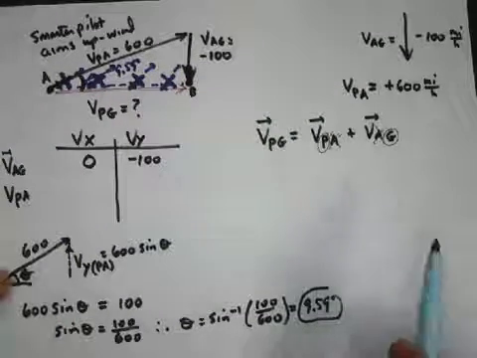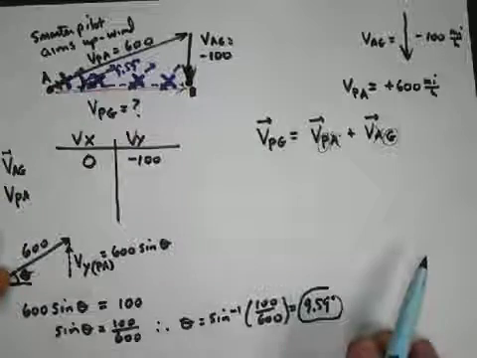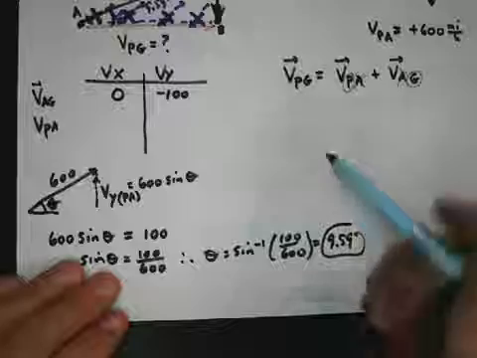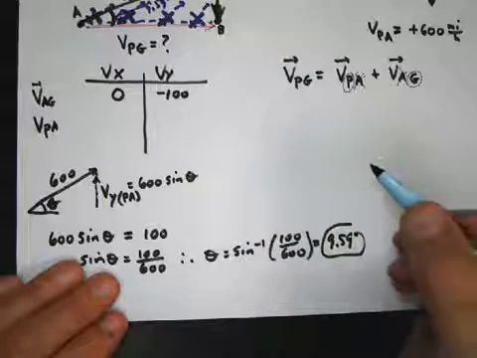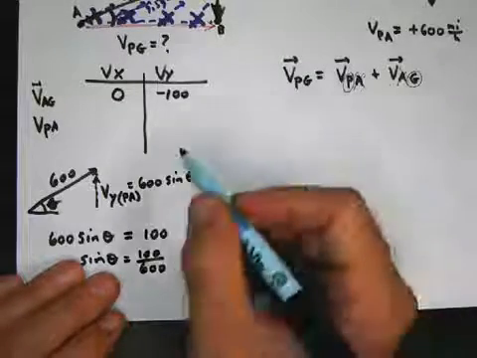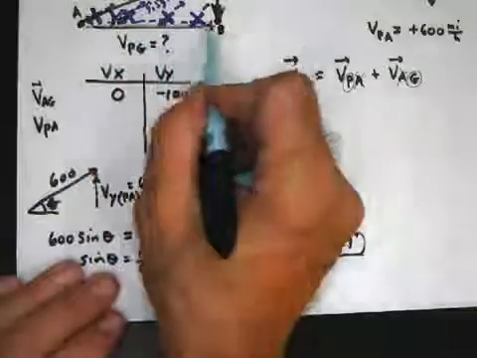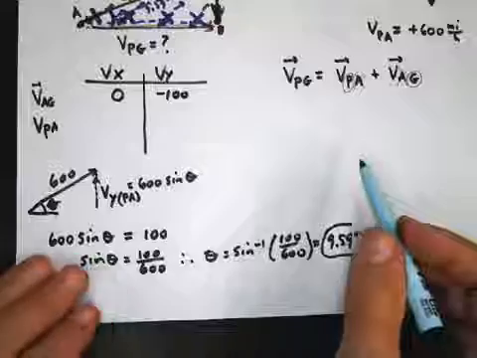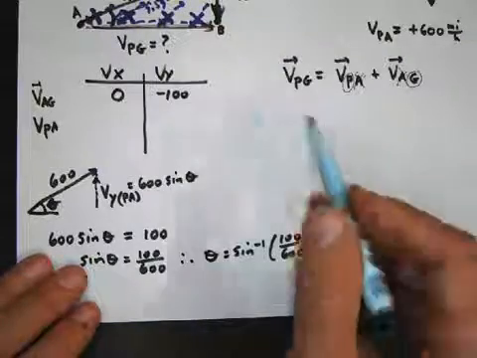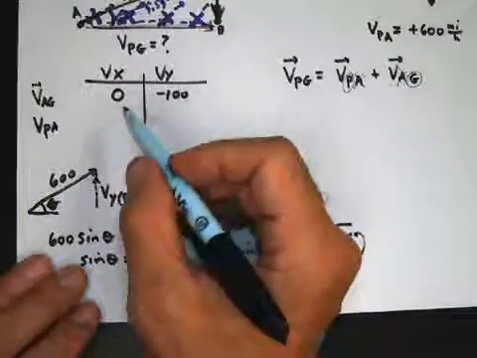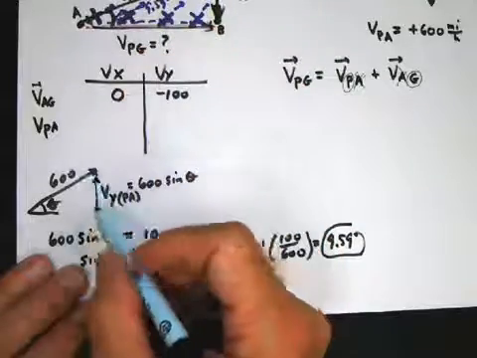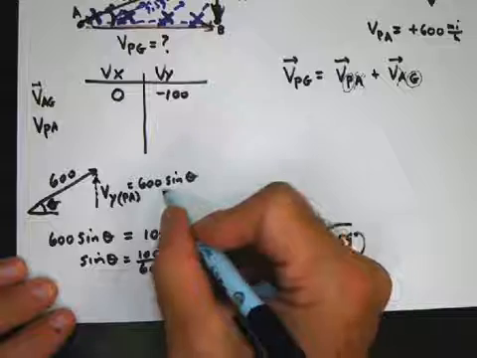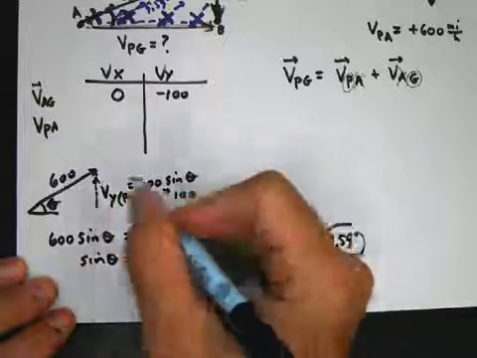If we wanted to find out the magnitude of this right here, we could continue this process and break this component up into two parts. We know this is 600 sine theta, which is equal to 100, so the vertical component is 100, and this horizontal component we can find out.